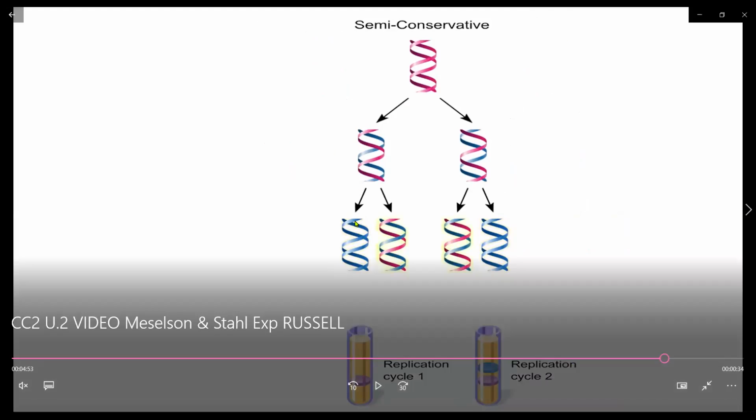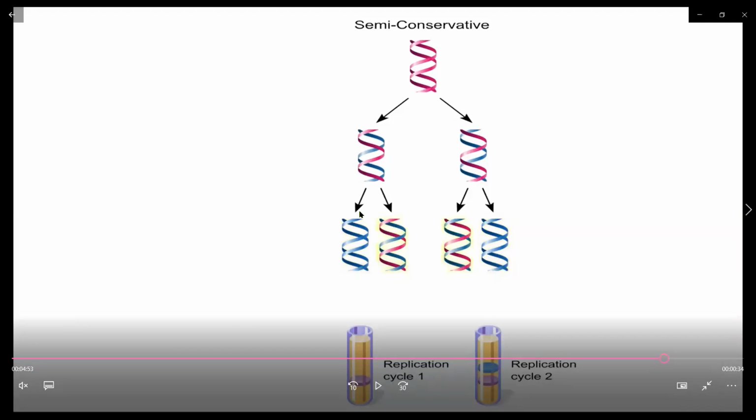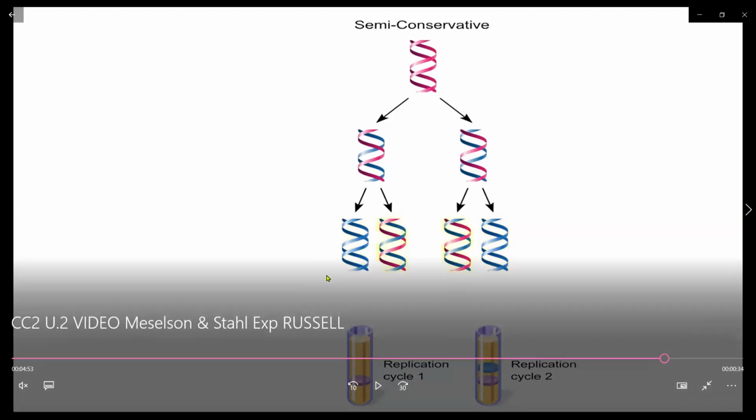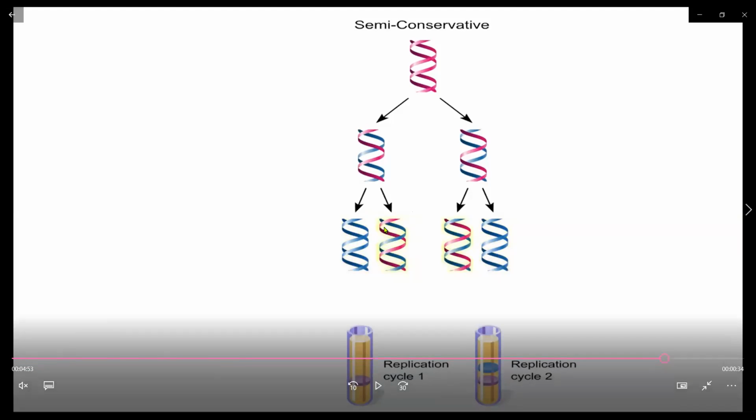And on the blue strands, another blue strand is being synthesized because now N14 has been symbolized as blue color. So we are getting a pure strand of N14. We are getting a double-stranded DNA containing both the strands having N14, and we are getting a double-stranded DNA containing one strand, the pink one, having N15, and the blue one having N14.